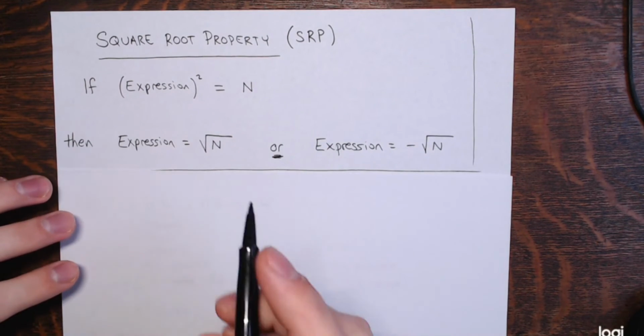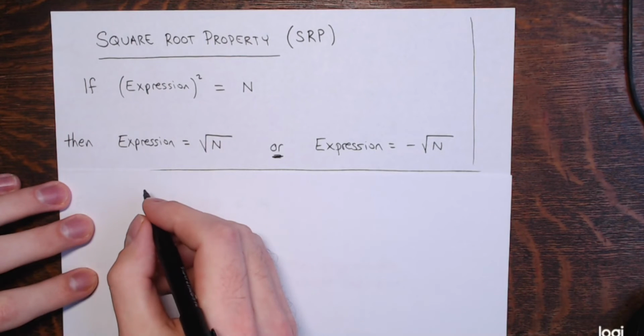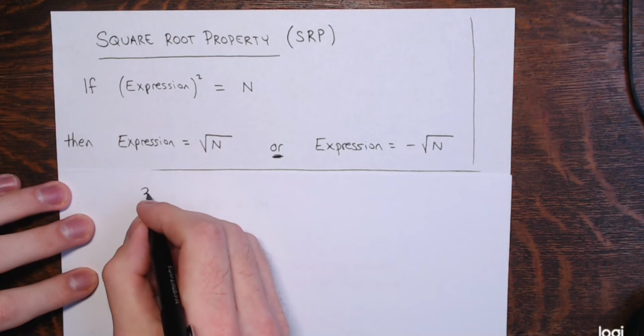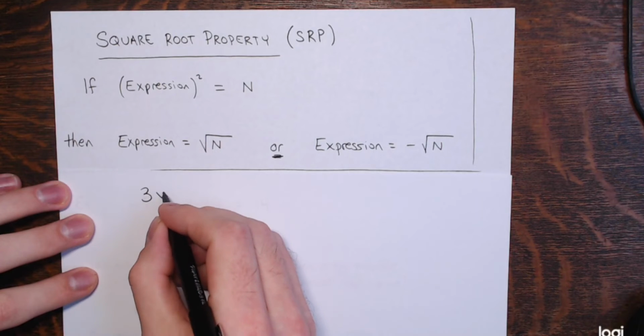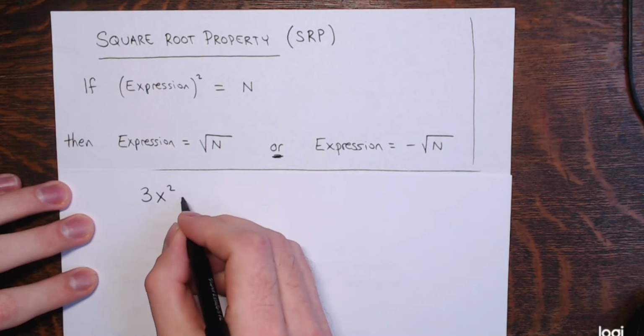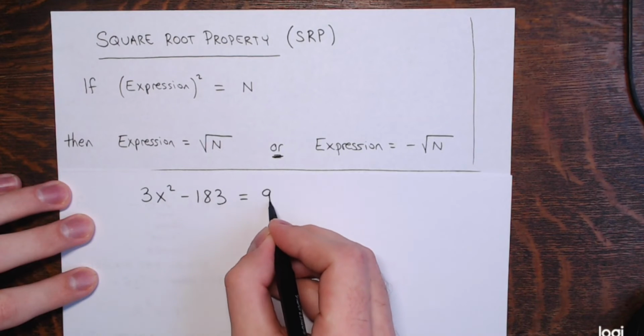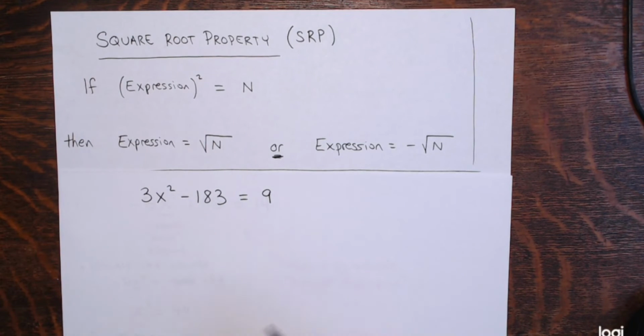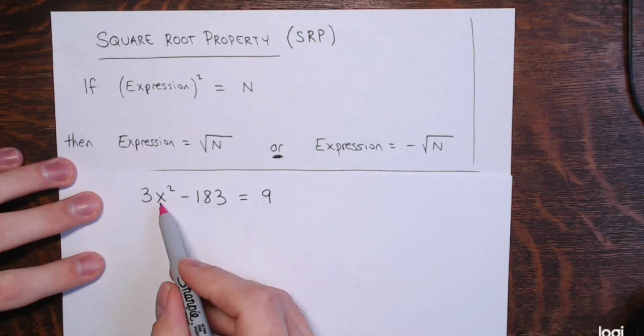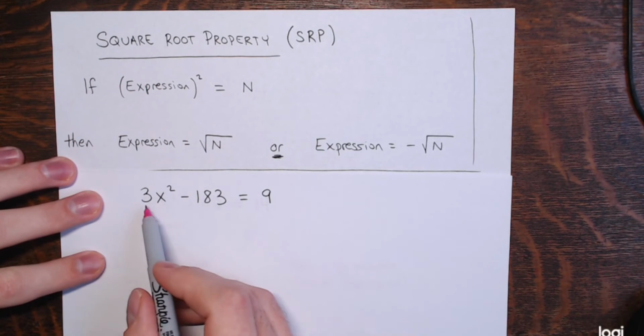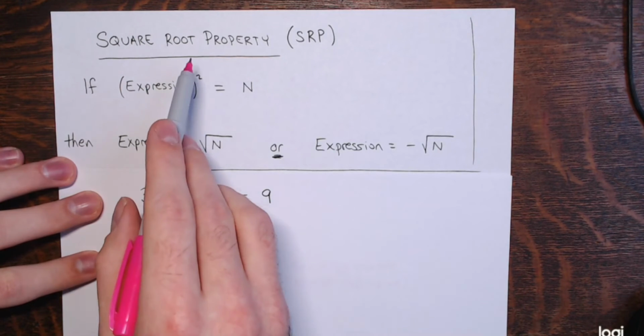So the equation we're given here is 3x squared minus 183 equals 9. And as I mentioned before, you got a variable in a square, no variable outside that square. So I can try solving this with this square root property.